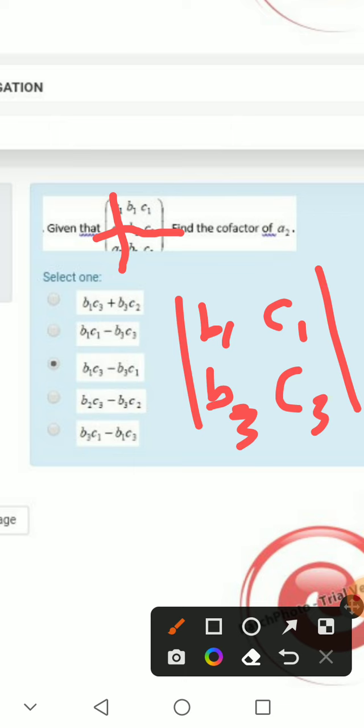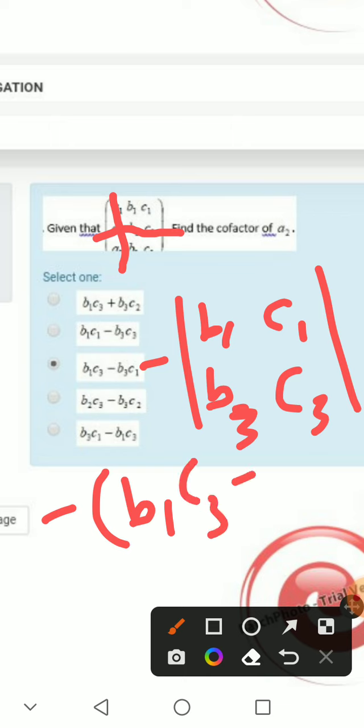And this is minus, because at that position, the cofactor is minus. So if I open the bracket, this will be minus B1, C3, then minus B3, C1. So this is what we have.